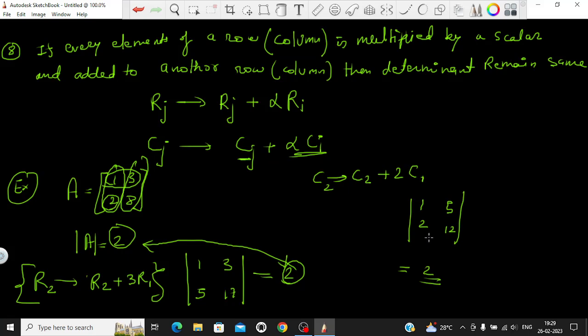Okay, so this tells you that this operation does not affect the determinant value.